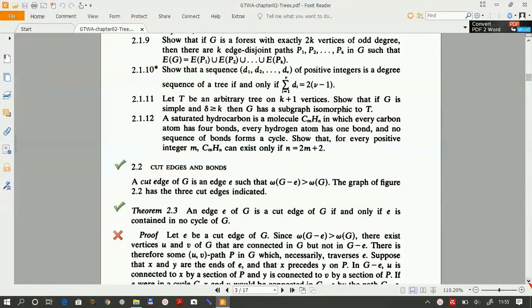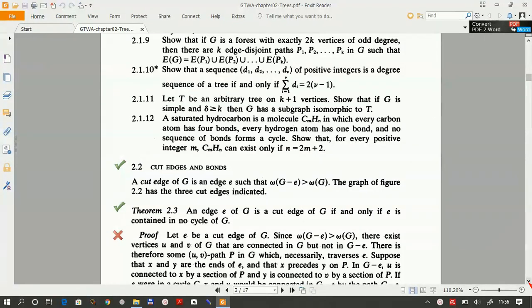definition, but be careful, because generally we might have the temptation of saying a cut edge is an edge whose deletion makes the graph disconnected. It's not completely correct, even if it's the main idea under this concept. But actually, G might have from the beginning more than one component.